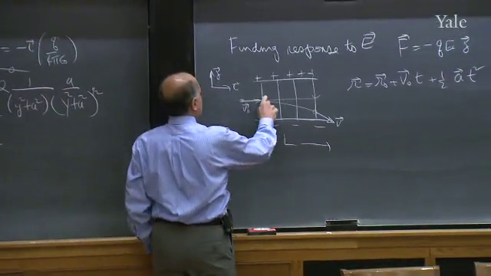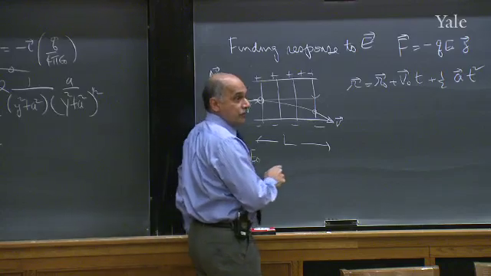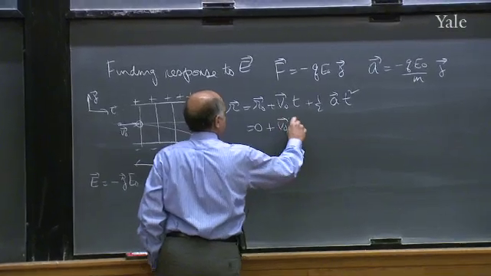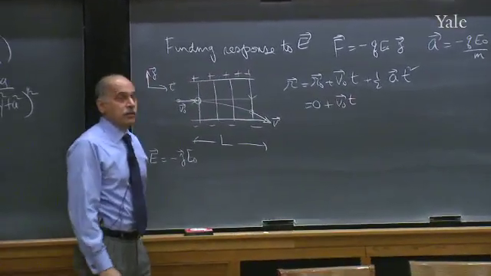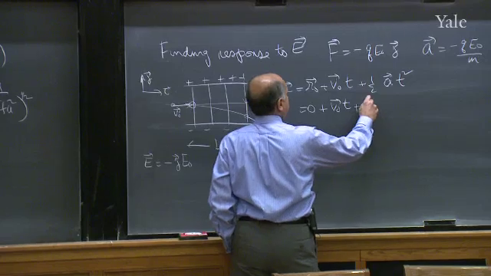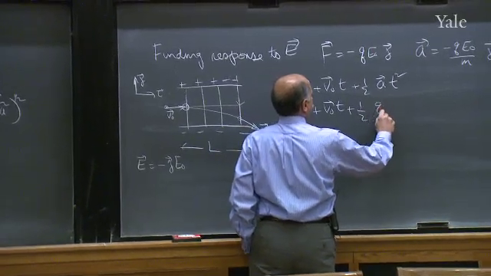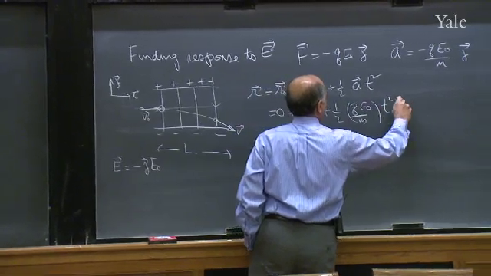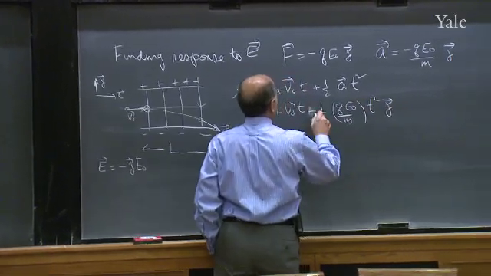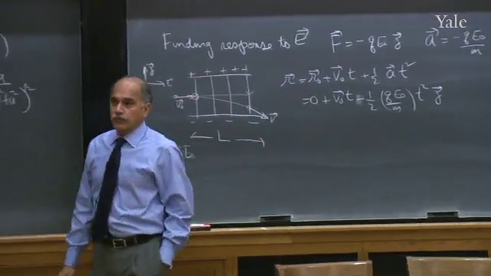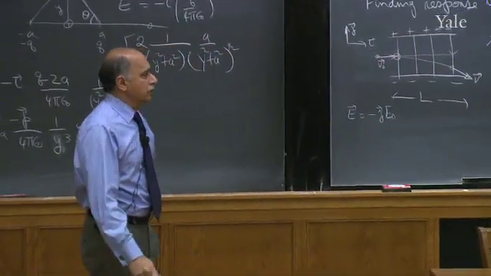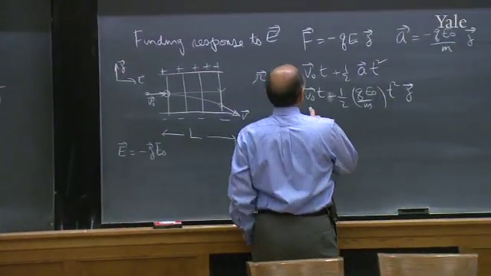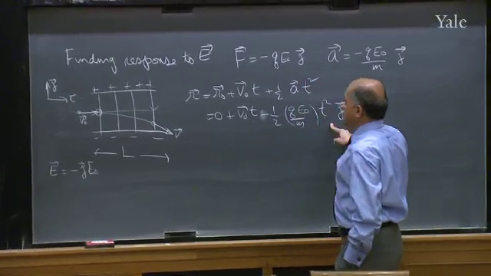So let's say the starting point r naught is our origin. v naught is whatever it was projected in with, plus 1/2 times q E0 over m t squared j. Okay, so as a function of time, this tells you where the position will be.